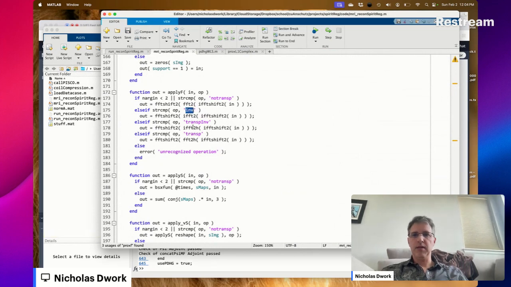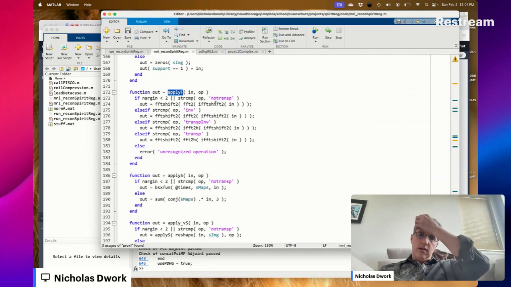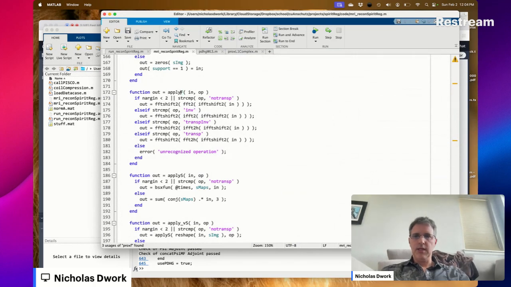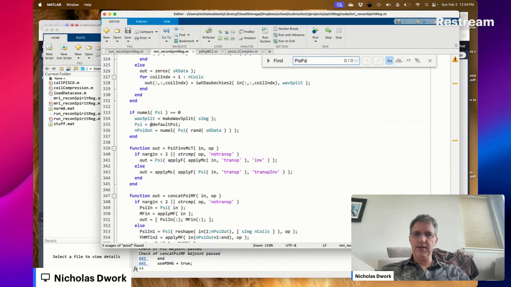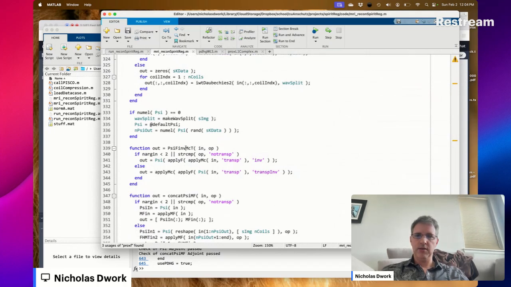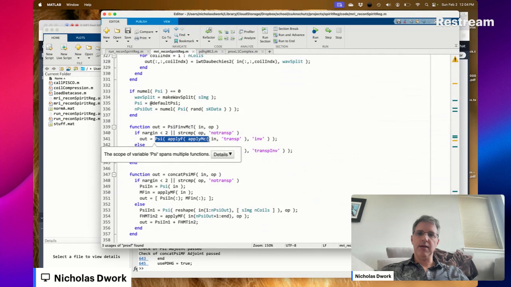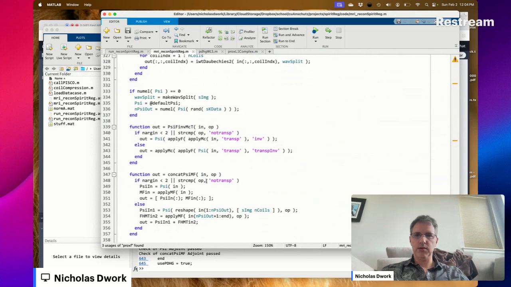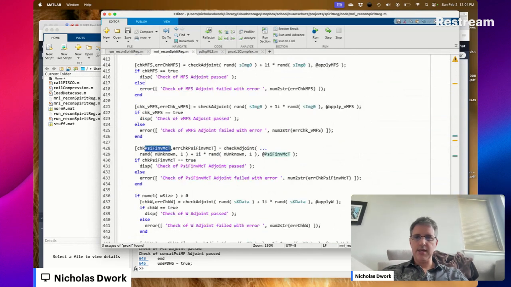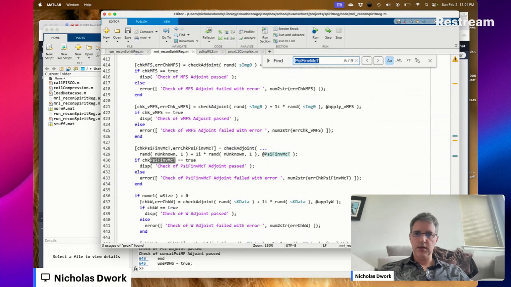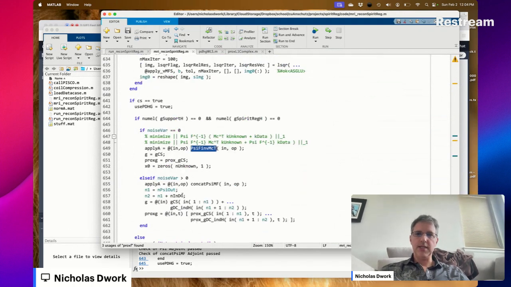We can also now supply inverse and transp of the inverse, which is good. Now we've got psi F inverse. We made this function, psi F inverse, which applies psi, apply F inverse, and MC transpose. And this gets used. We checked its adjoint.